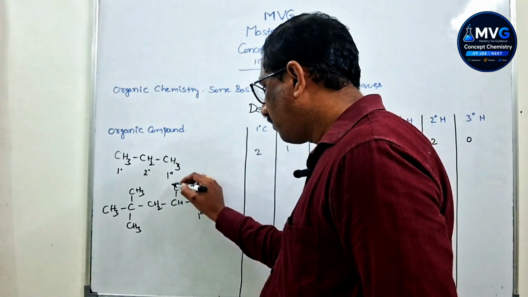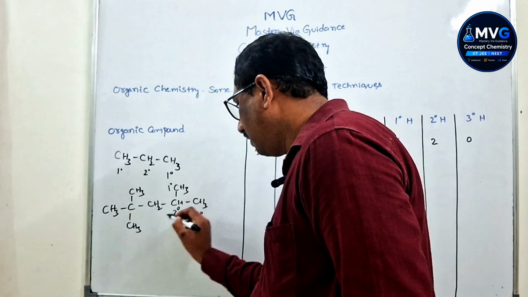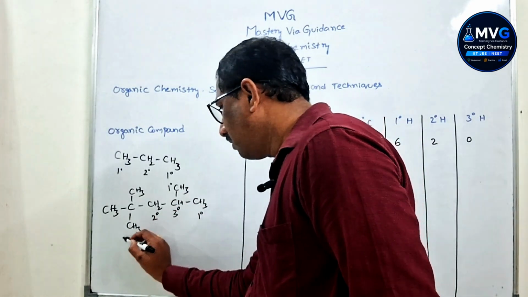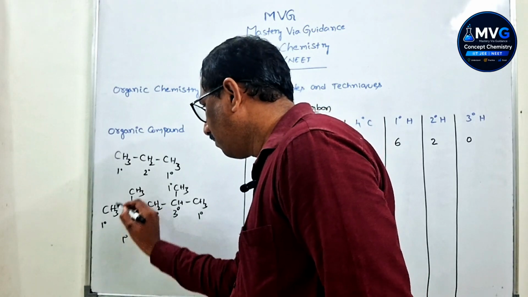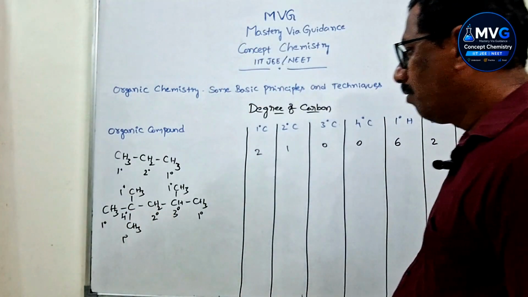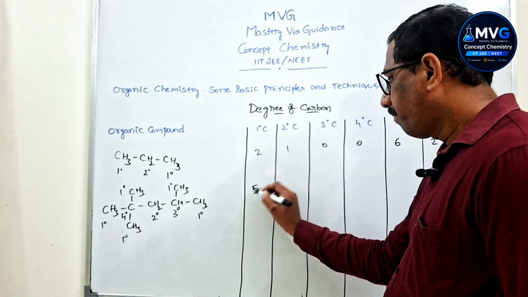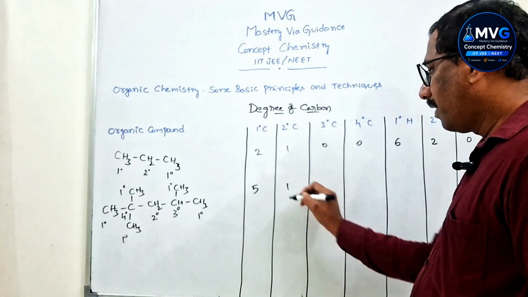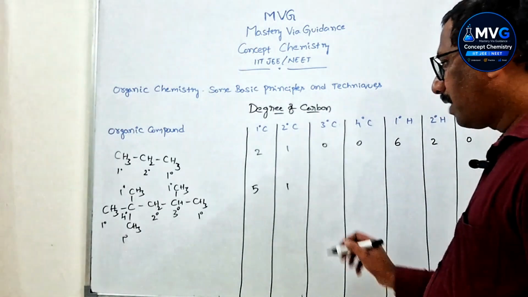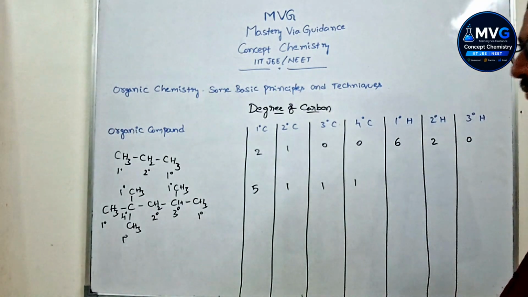Carbon further attached with 1 degree, 1 degree, 3 degree, 2 degree, 1 degree, 1 degree, 1 degree, 4 degree. Now, primary carbons 5 are there, secondary carbon 1, tertiary carbon 1, quaternary carbon 1.